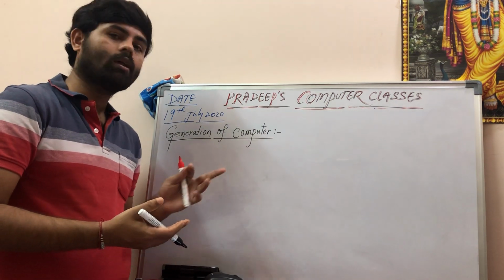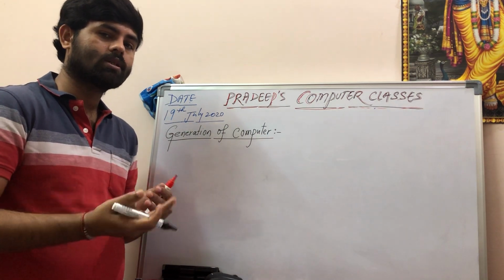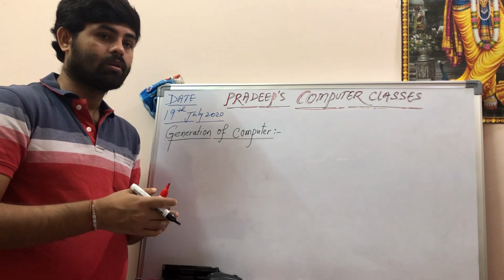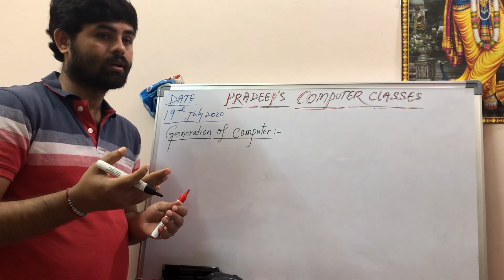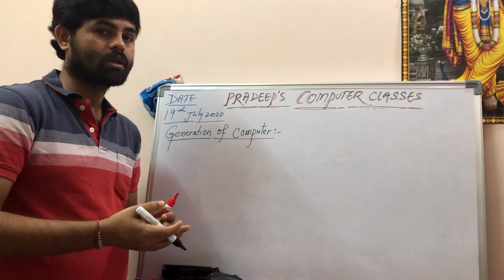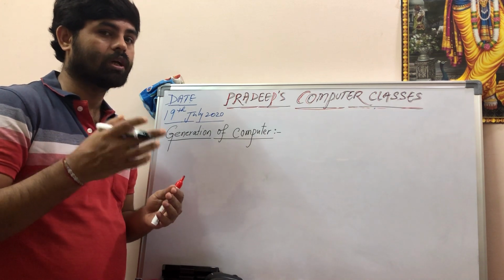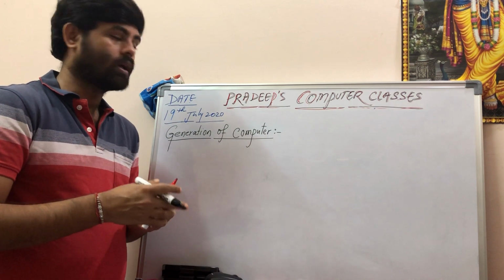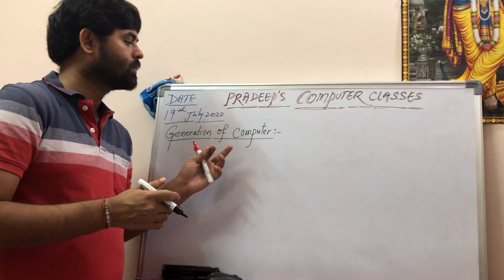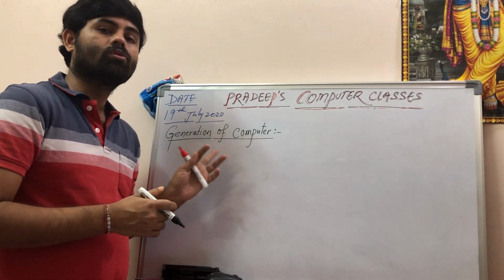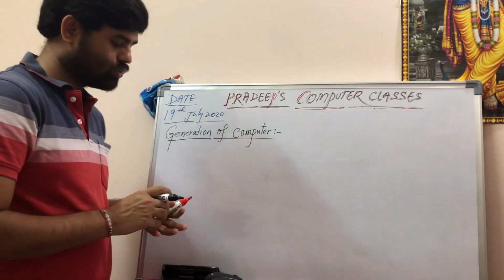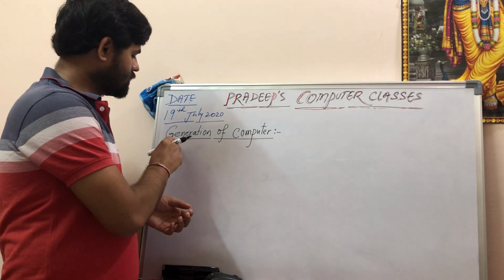But if I say generation is changing, that means the way of thinking is changing, advanced technology is coming, and this advanced technology makes you think of something else. That is why the generation of the computer also works in that way. So why generation of computer?